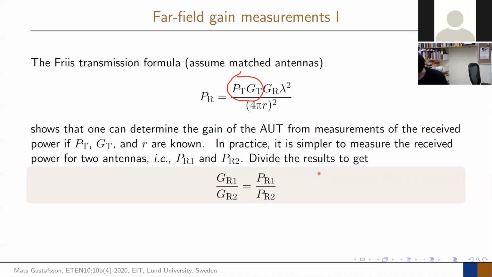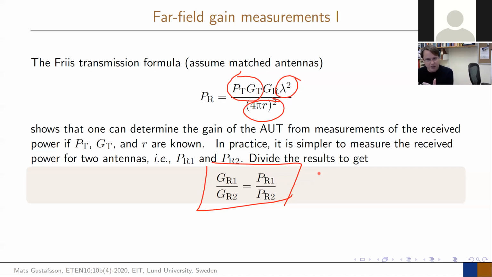The distance that comes in is the distance from the transmitter to the receiver. Of course, it can be discussed whether it is to this point of the receiver or this one, but at least I don't have to deal with the distance to the transmitter. So that one disappears, and the lambda disappears. The only thing I get out is the gain of my antenna compared to the gain of the reference antenna, which is the quotient between those two powers.